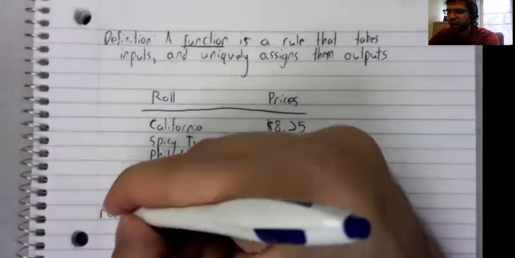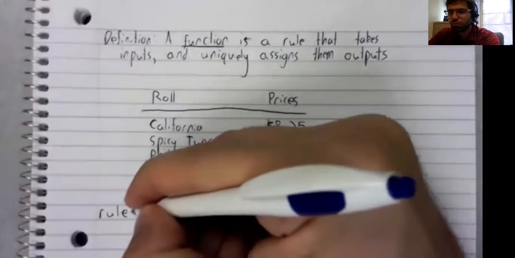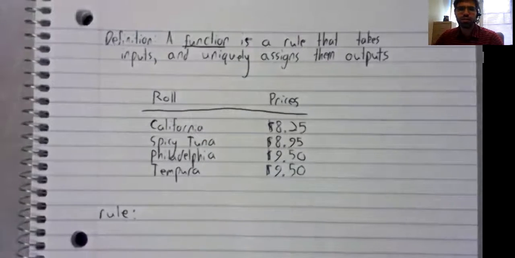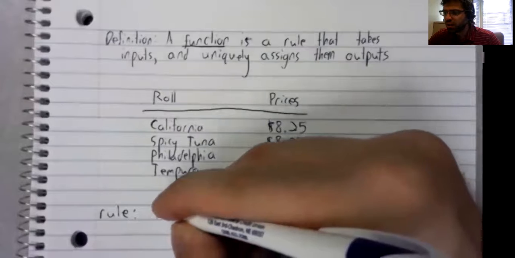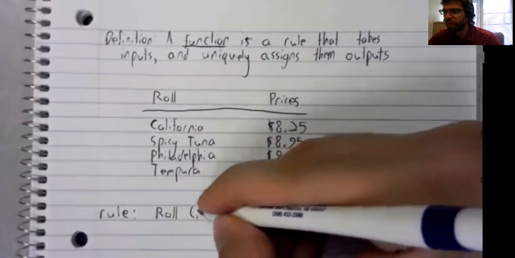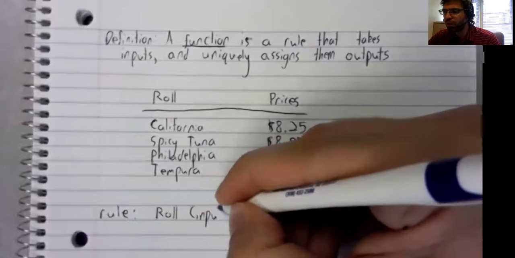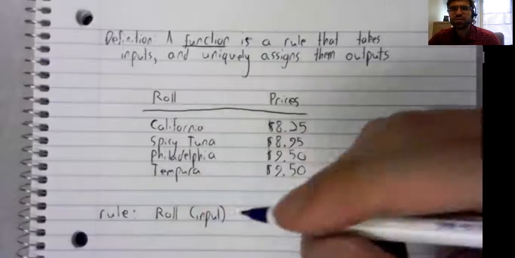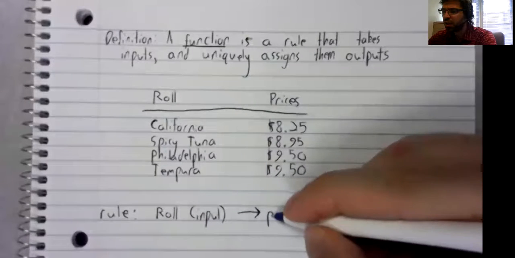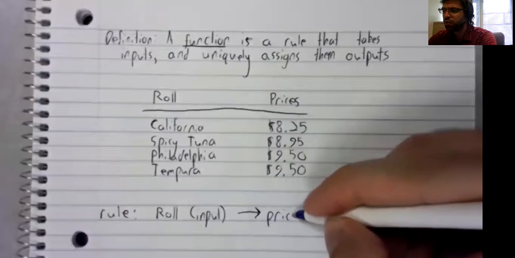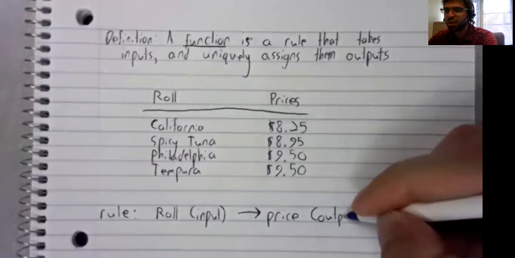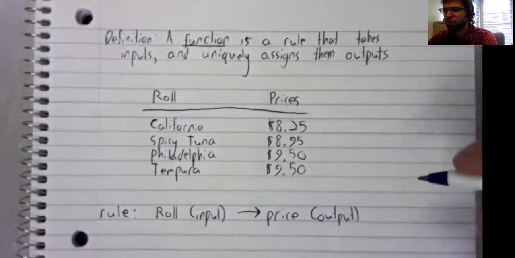We can define a rule in particular that takes the type of roll as its input and gives you back the price as the output.